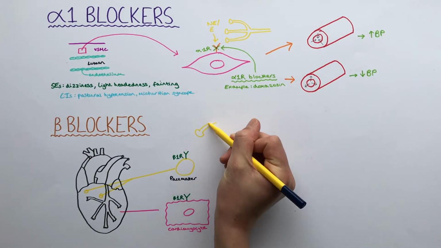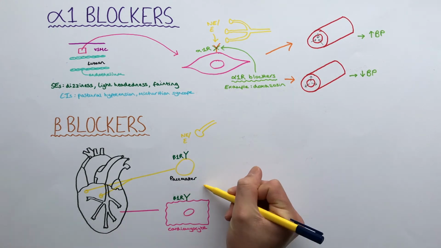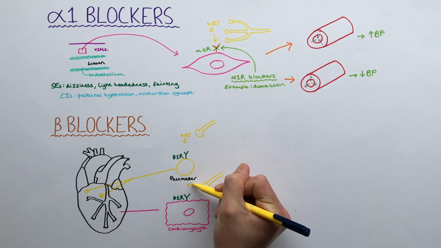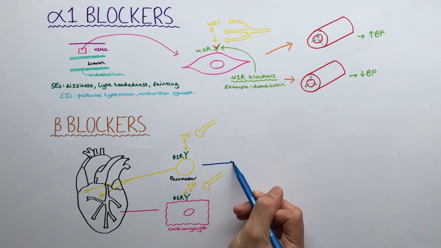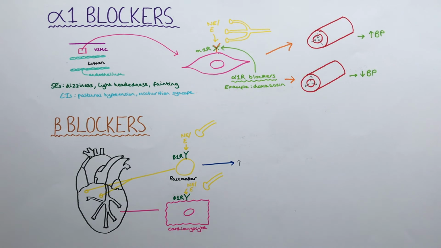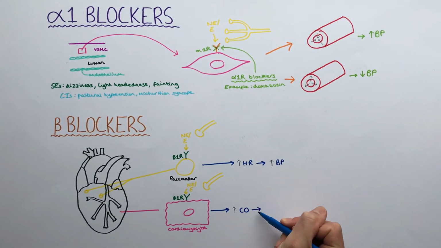Increased sympathetic activity will increase the release of norepinephrine and epinephrine from adrenergic nerve terminals, which will bind to the beta-1 receptors. In the pacemaker cells, this will increase the heart rate and subsequently increase the blood pressure. In the cardiomyocytes, it will increase the force of contraction, subsequently increasing cardiac output and therefore increasing blood pressure.